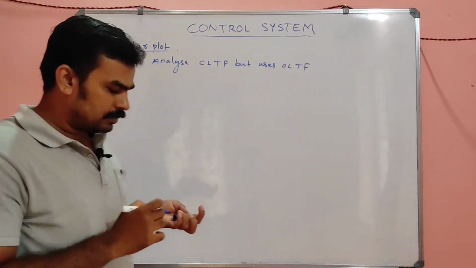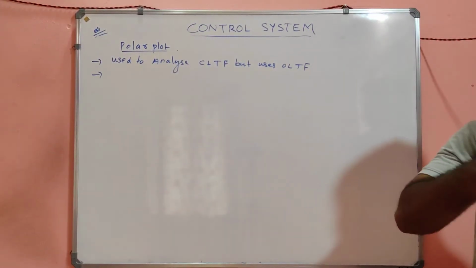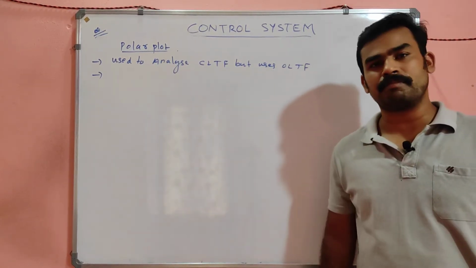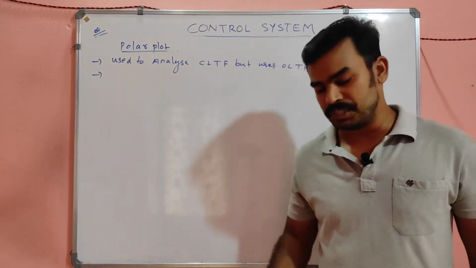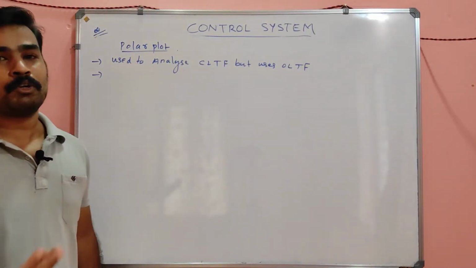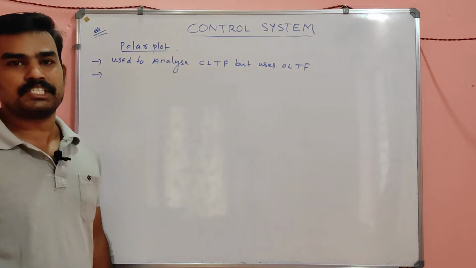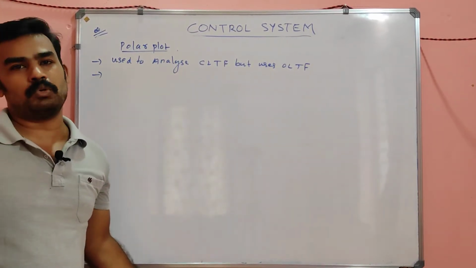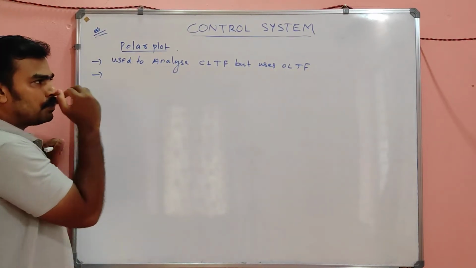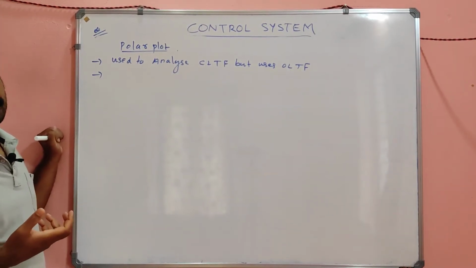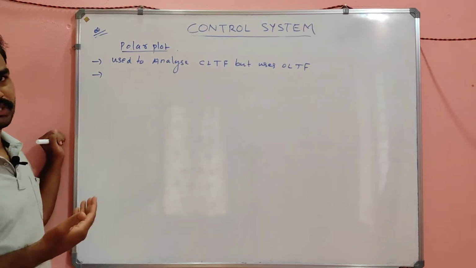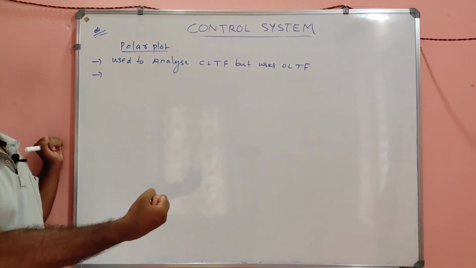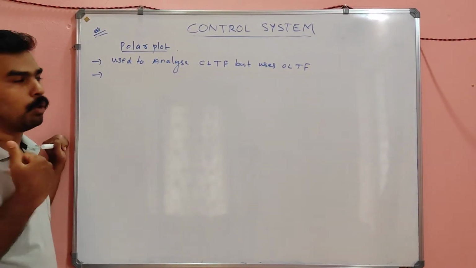Here we are utilizing the open loop transfer function, but we can analyze the closed loop transfer function by using it also, because once you know the open loop transfer function G of GH, G divided by 1 plus GH will simply be the closed loop transfer function. So if you know the open loop transfer function analysis, then you can get knowledge about the closed loop transfer function also.